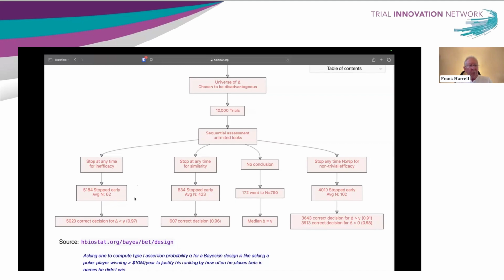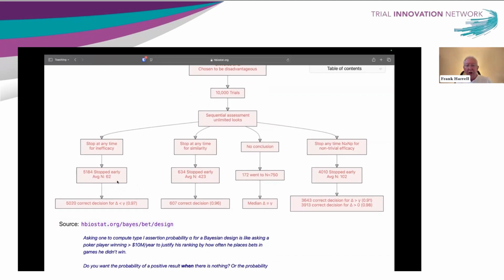But what are the operating characteristics? Once you're a Bayesian, you have to think about using different denominators. So in a frequentist world, a denominator would be all of the trials in which the treatment effect was 0. How often did you say there was an effect? So that's alpha.